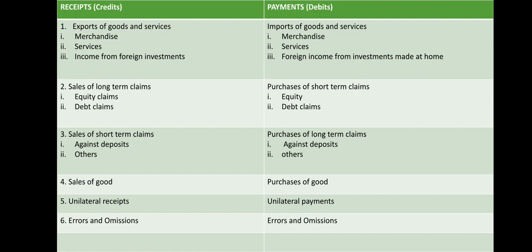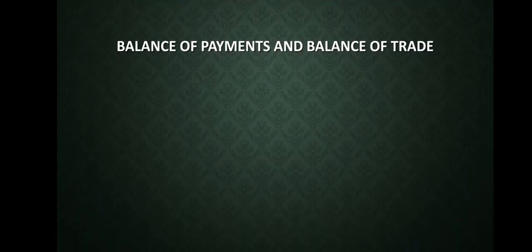Thus, there are two categories in the balance of payments accounts of a country: payments in respect of exports and imports, including both visible and invisible items, and payments in respect of lending and borrowing. If during any period payments are greater than receipts, then the balance of payment is said to be deficit. If the country's payments are less than the receipts, then the balance of payment is said to be surplus.